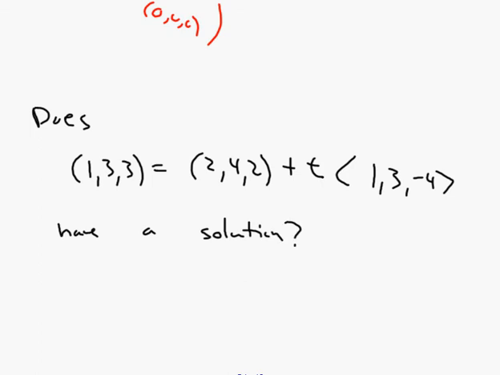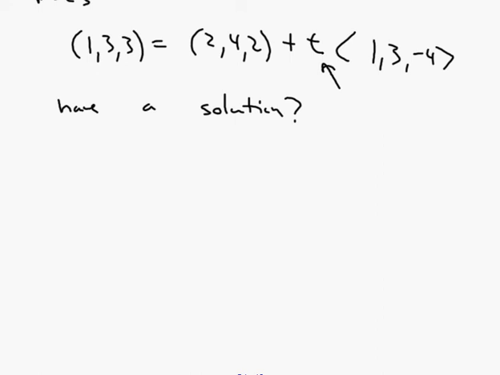Okay? So if that has a solution, we're set. If there's some t we can plug in here and make this work, we're going to be happy. So I'll make a claim. I make claims a lot. I claim that there's 3 little tiny equations hiding in here.